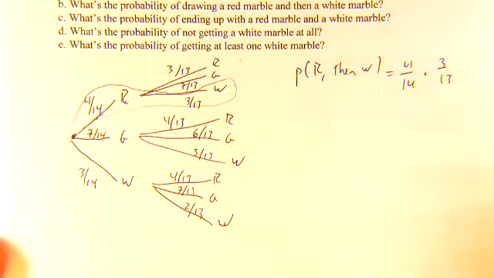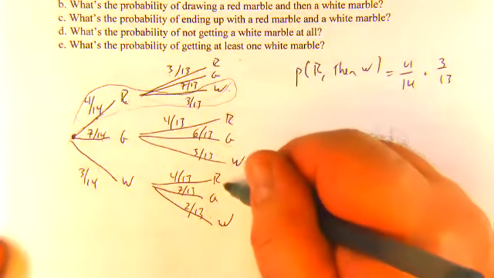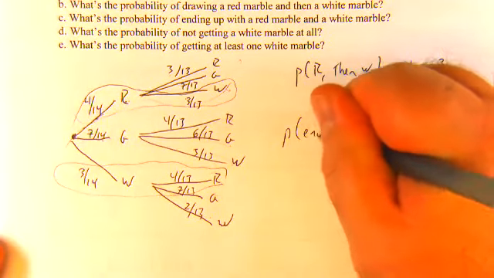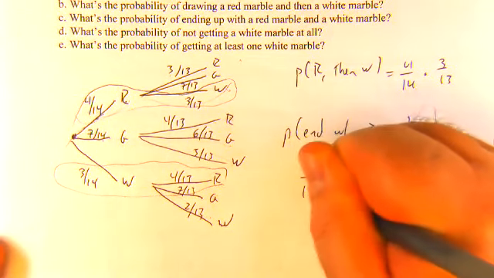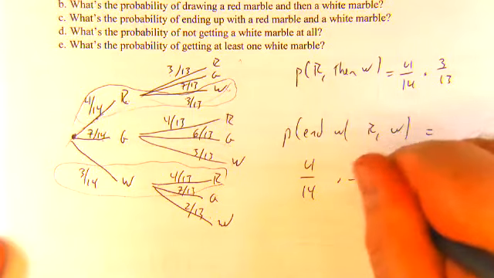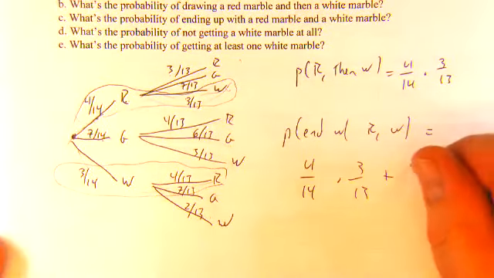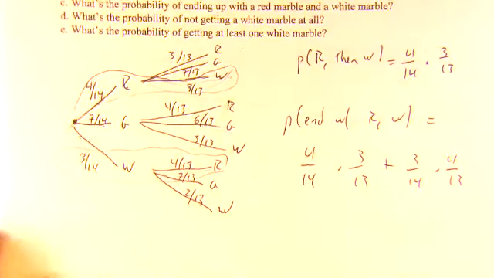Ending up with a red marble and a white marble, that means either this case or this case. So 4 out of 14 times 3 out of 13, that's this probability, plus this probability, which is 3 out of 14 times 4 out of 13. They're actually the same thing, so the numbers get shifted around a little bit.